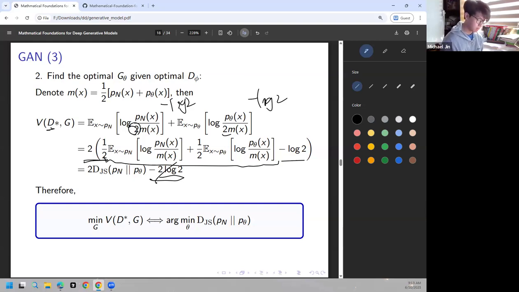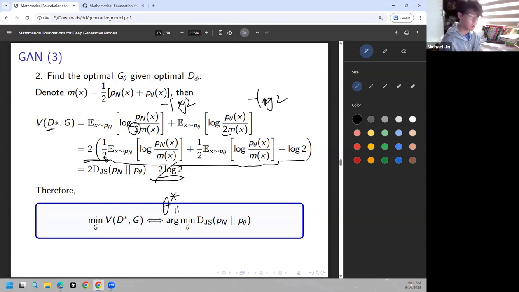So for the parameters, the optimized theta is the argmin of the JS divergence for using p_theta to encode p_n. And it is equivalent to minimizing the value function of D and G given that D is in the optimal situation, right? So this is the GAN model.